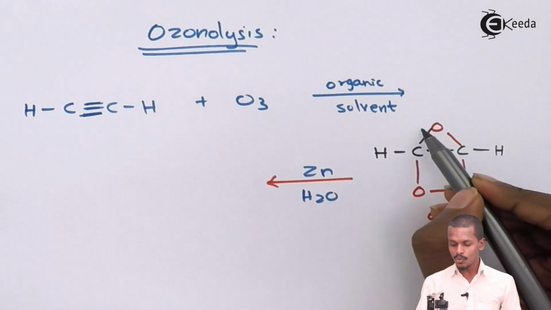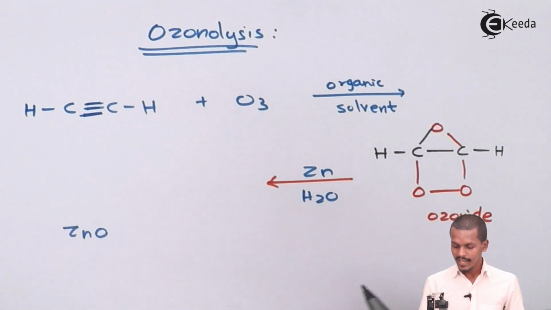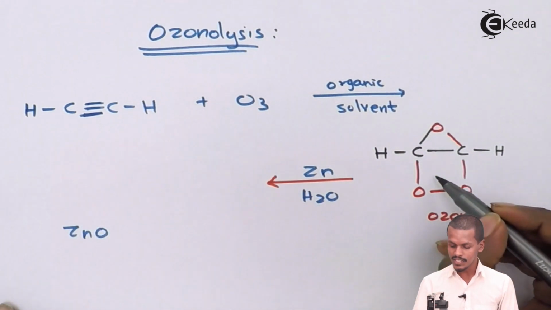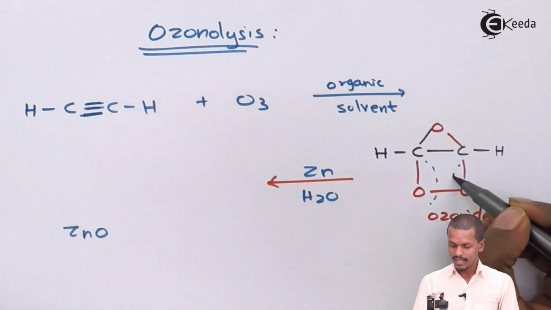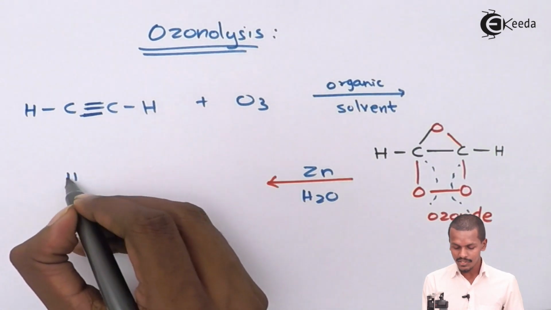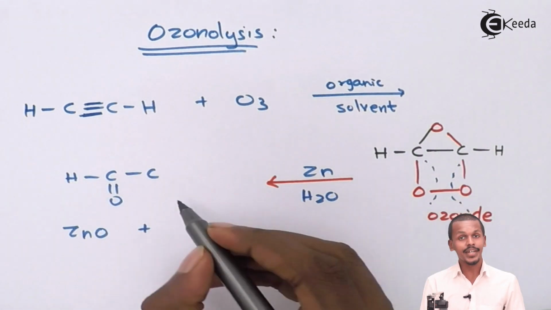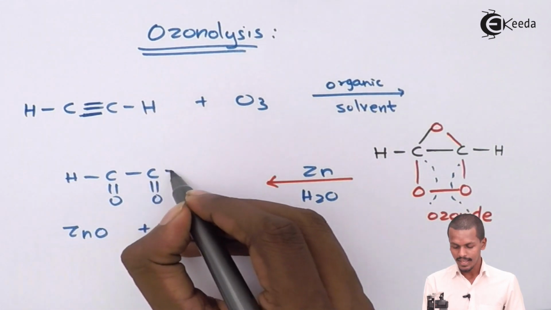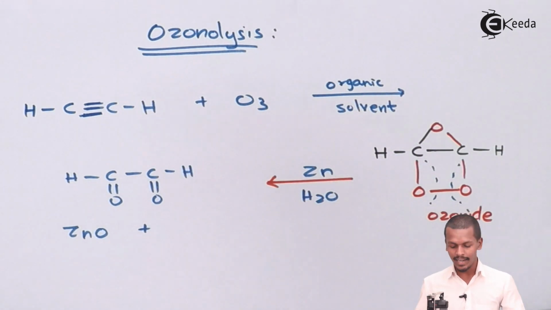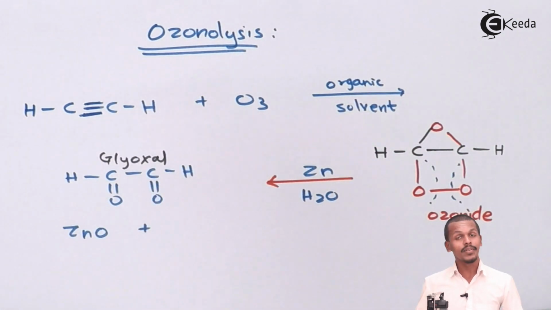So now zinc would be able to remove this oxide as ZnO, and because of the hydrolysis this bond would break, and that's the reason we could get a product that is nothing but HC double bond O, C double bond O and H. Basically this is an aldehyde, but mainly it is known as glyoxal. So therefore this is the glyoxal that we have formed.